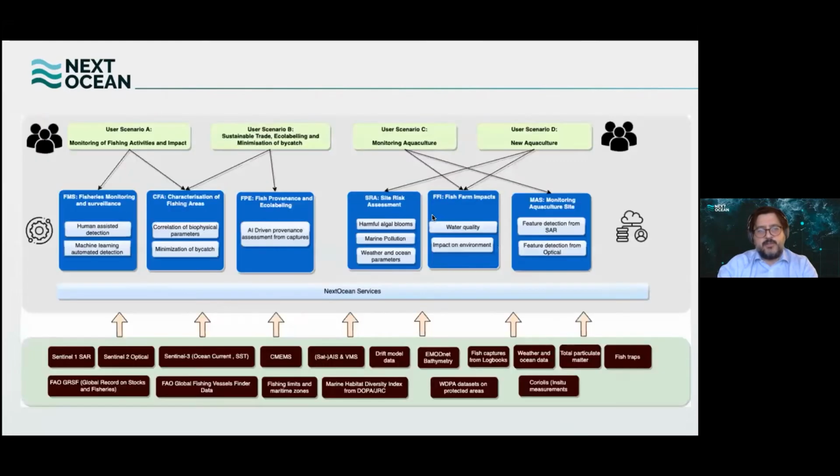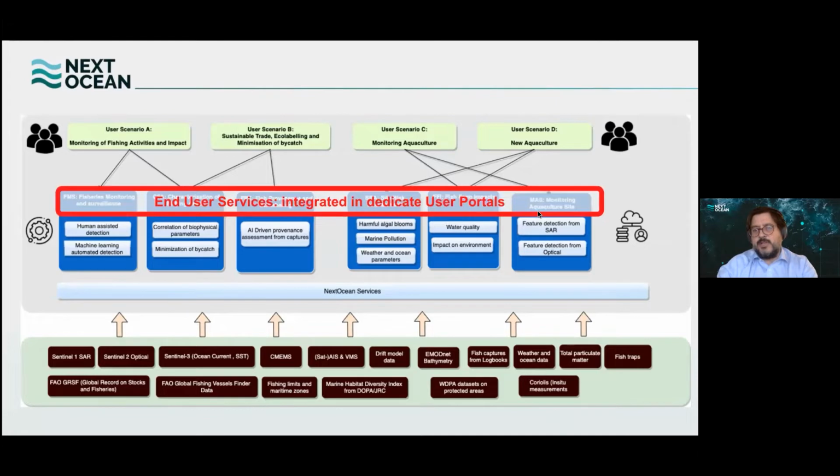As you'll see, we have the fisheries monitoring and surveillance service, characterization of fishing areas, fish provenance and eco-labeling, site risk assessment, fish farm impacts, and monitoring aquaculture sites. This is what we call the end user services, and they'll be integrated in an easy to understand and easy to deal with user portal.